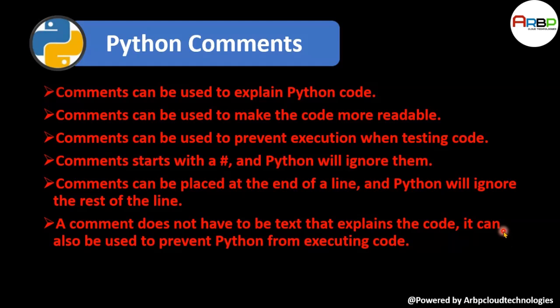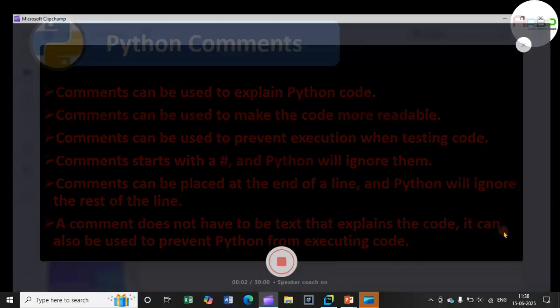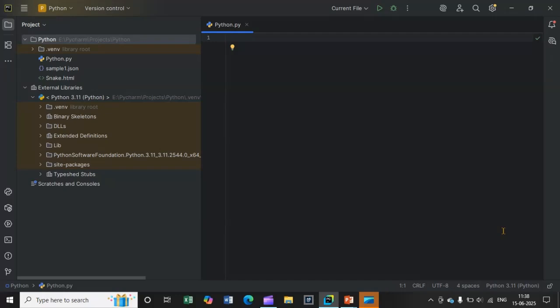So let me show you a practical one. To write a comment, first we have a hash, then I will write: this is my code.